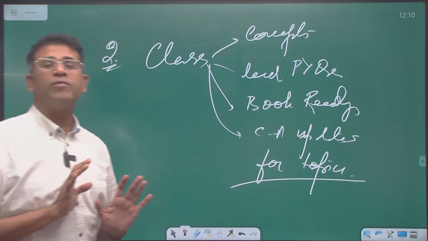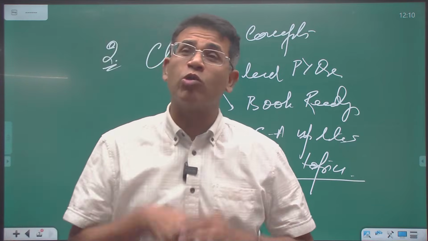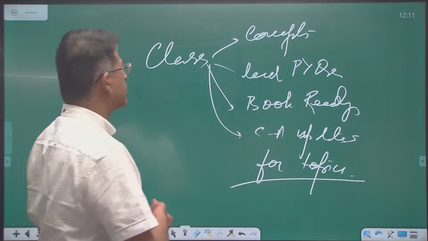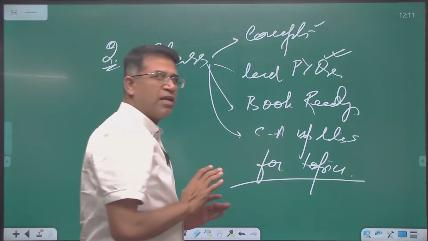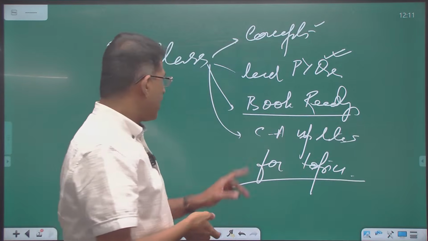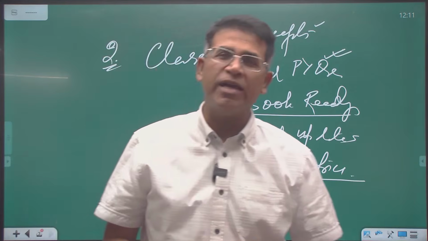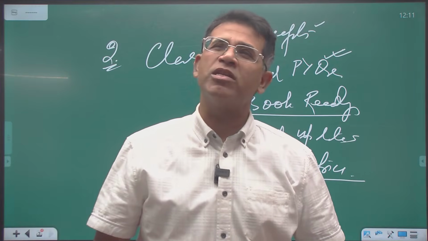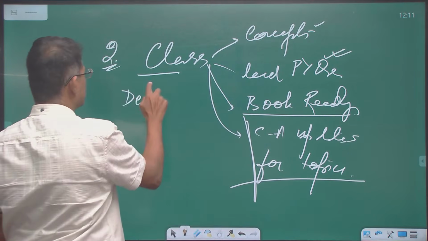Say I'm talking about a topic called growth of population. I'll explain the concept. I'll show you what questions have been asked. I'll show you what books and sections you must read, and whether any current affairs data, fact or report has come out on the growth of population. I'll help you with that. This is my deliverables.